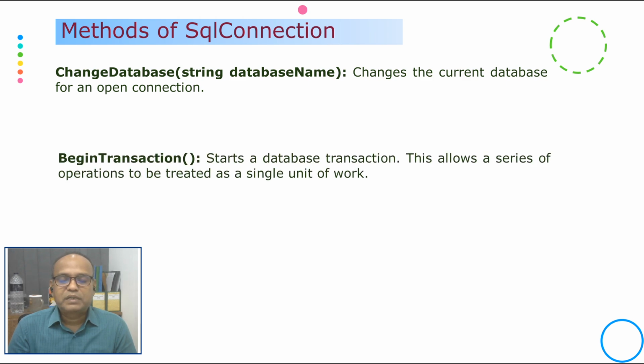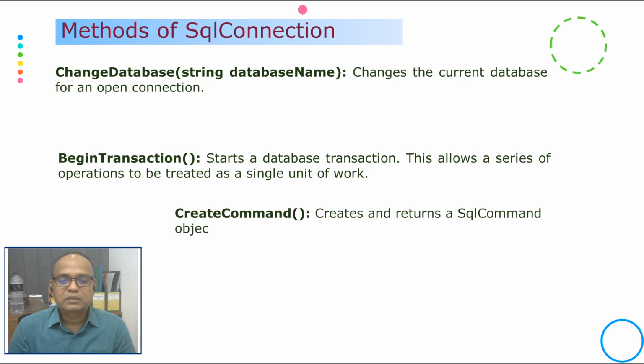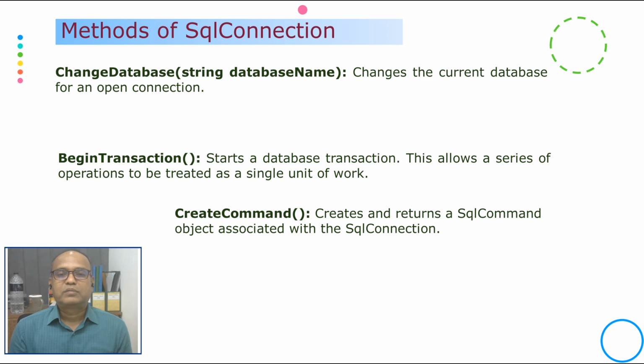BeginTransaction starts a database transaction. This allows a series of operations to be treated as a single unit of work. CreateCommand creates and returns a SqlCommand object associated with the SqlConnection.